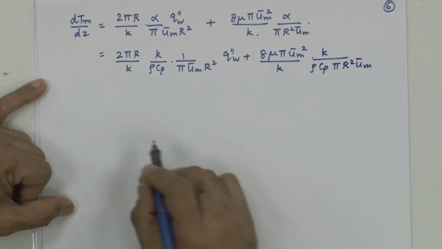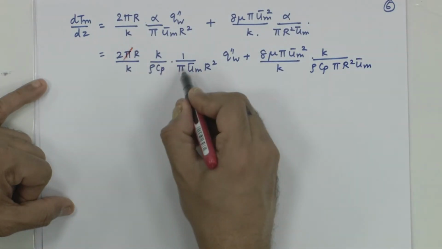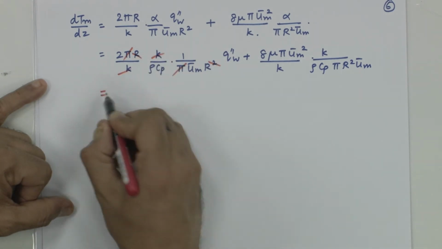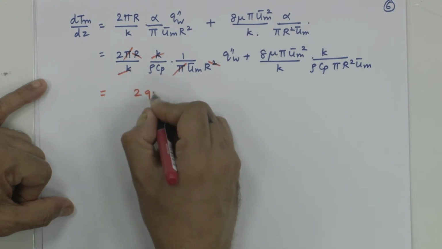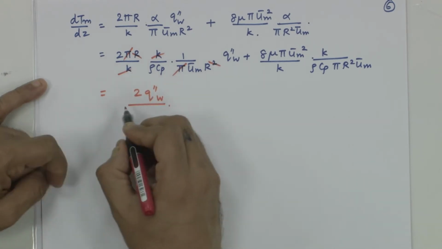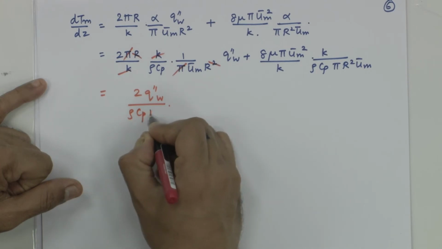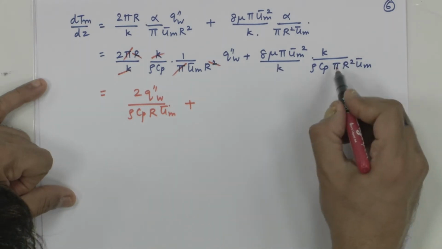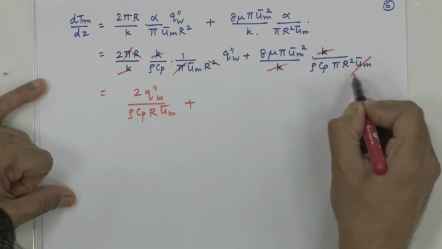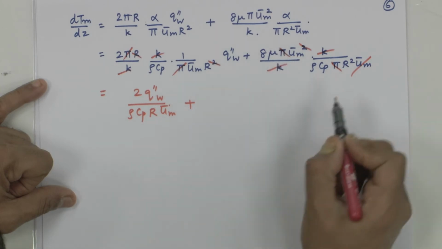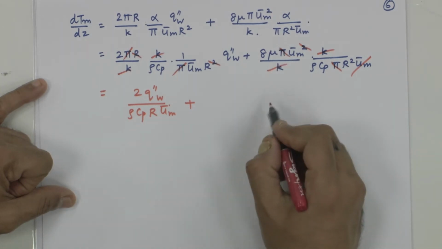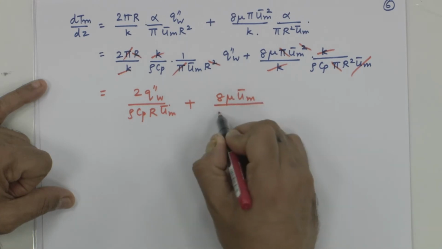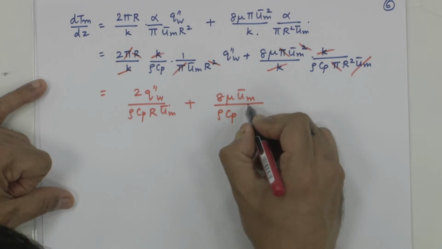m. So, when you just cancel the terms pi, pi, R, R, k, k, you are left with 2 q w double prime divided by rho Cp R u m bar plus, here you cancel off k, you cancel off 1 by u m, pi cancels. So, you get 8 mu u m bar divided by rho Cp capital R squared.